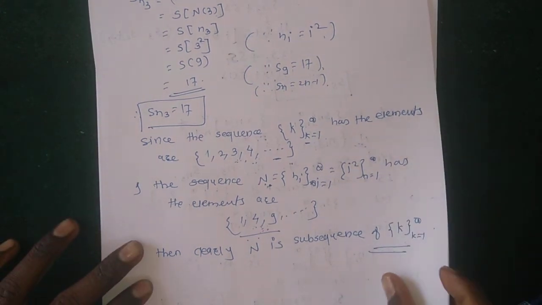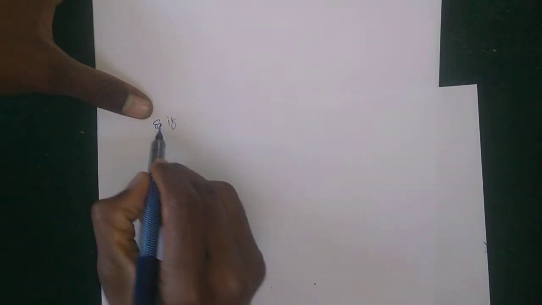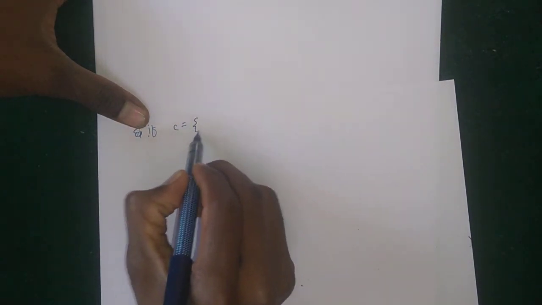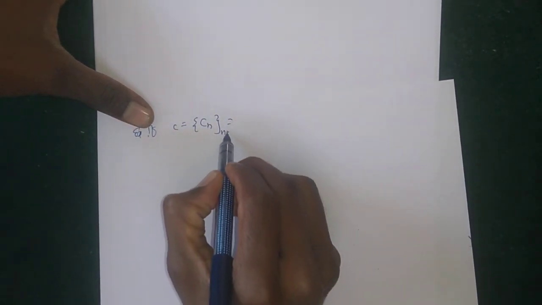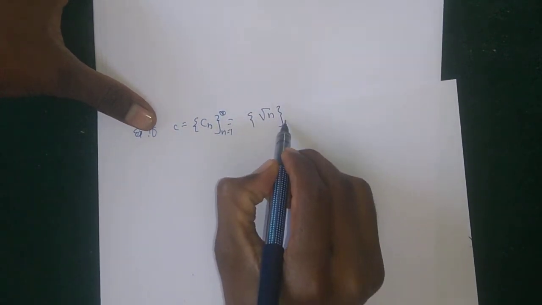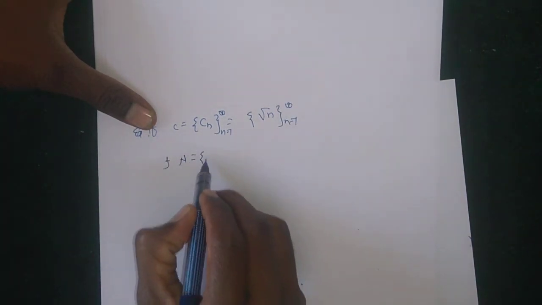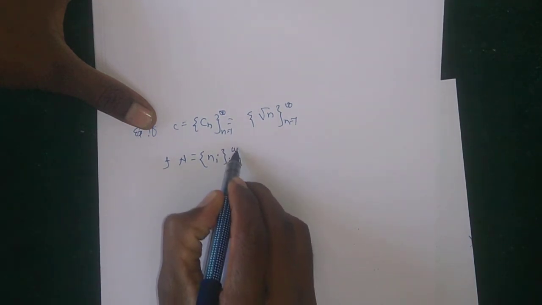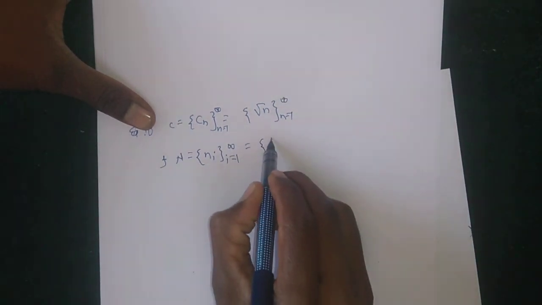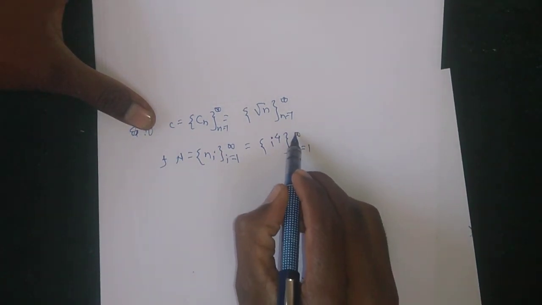Then the next example. Let c be the sequence Cn equal to root n, where n runs from 1 to infinity, and suppose the sequence n is defined by ni equal to i raised to 4, where i runs from 1 to infinity.